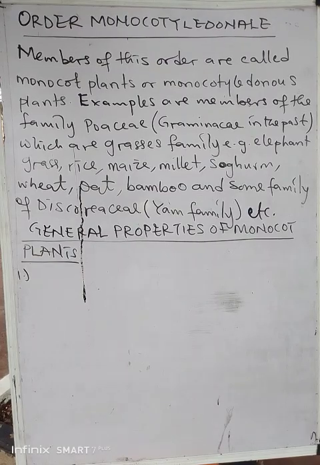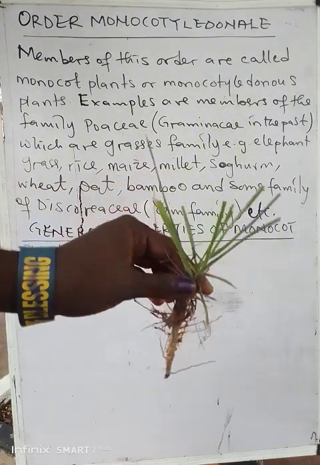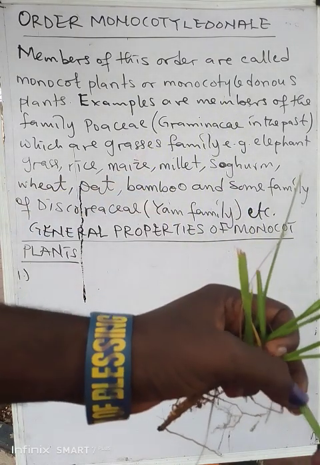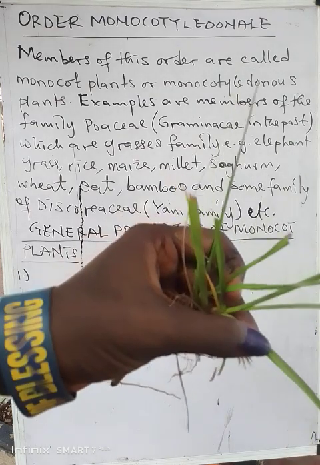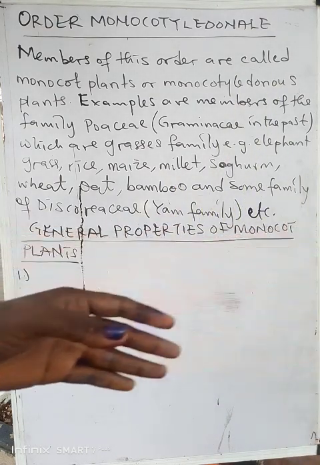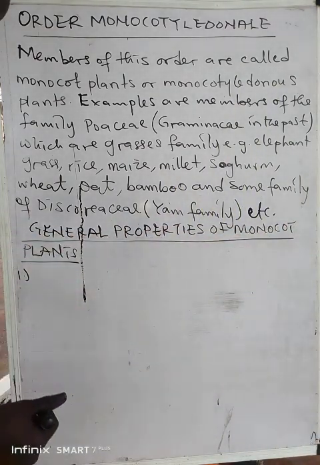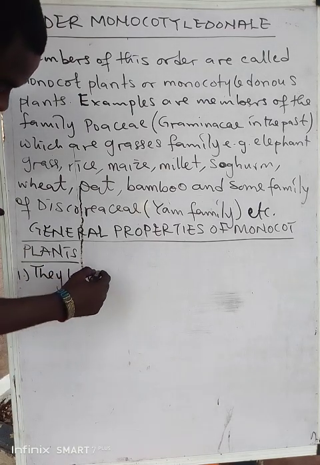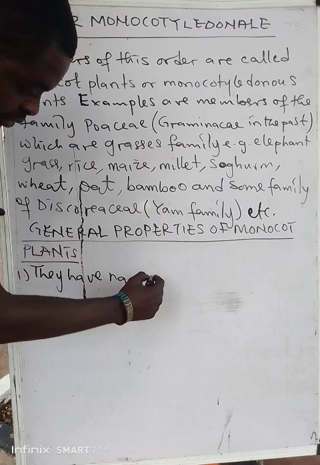I want to capitalize my feature on this grass. What can we see? Look at the leaf. The leaf is narrow. Number one thing we want to say here is that they have narrow leaves.